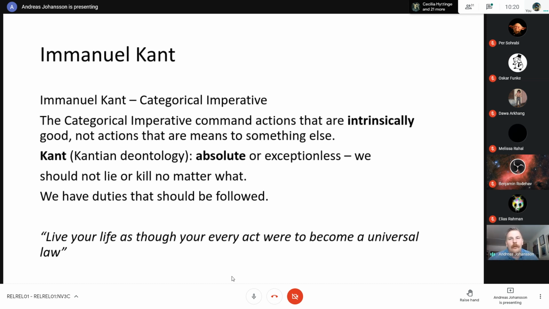So if I don't want people going around stealing, then I should not steal. If I don't want random people to go around killing each other, then obviously I shouldn't go around killing people. If I don't want people to come late to class, I should not come late to class myself. If I don't want students or friends or family to act in a rude way towards me, I should not act in a rude way towards you or my family members or my friends. So logically it makes sense, right?